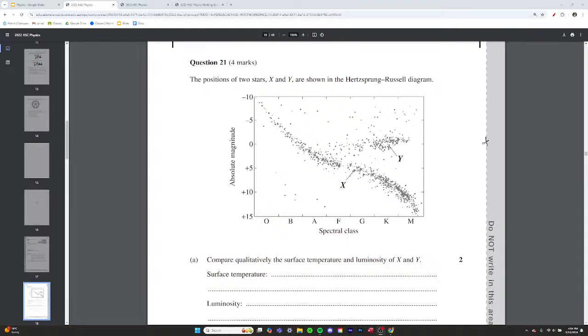Compare qualitatively the surface temperature and luminosity of X and Y. Think Y is hotter, and luminosity, I think Y is more luminous as well.